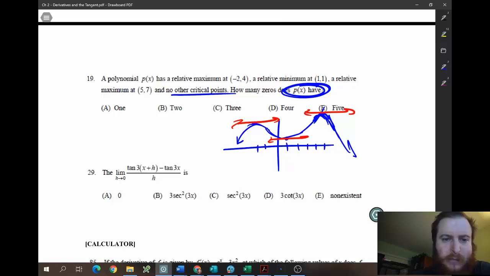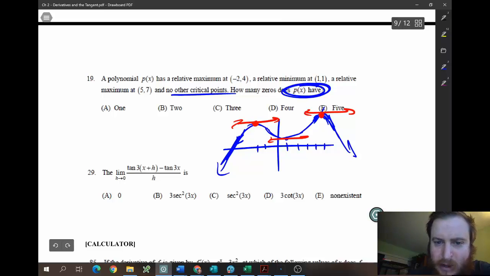So this is actually important, is this graph's going to be decreasing. Now this was a relative minimum right here. So that means that in between basically -2 and 5, it could have never gone to 0, right? This graph could have never gone down to 0. So this has 1, 2 zeros, right? P of x has 2 zeros.